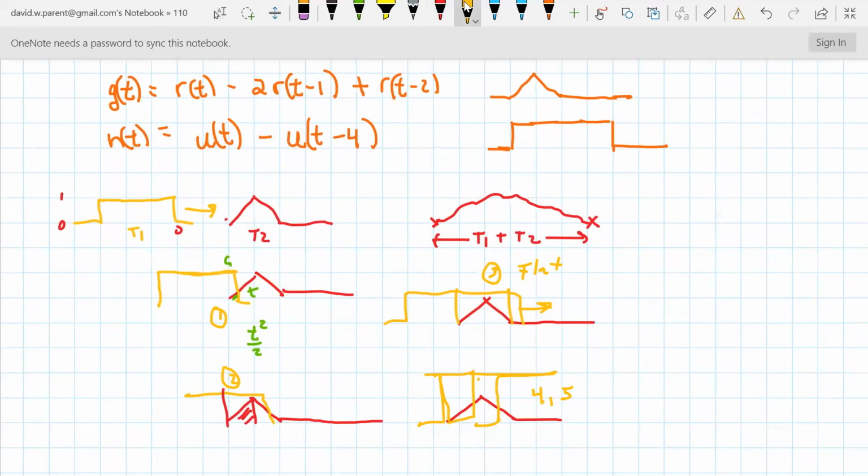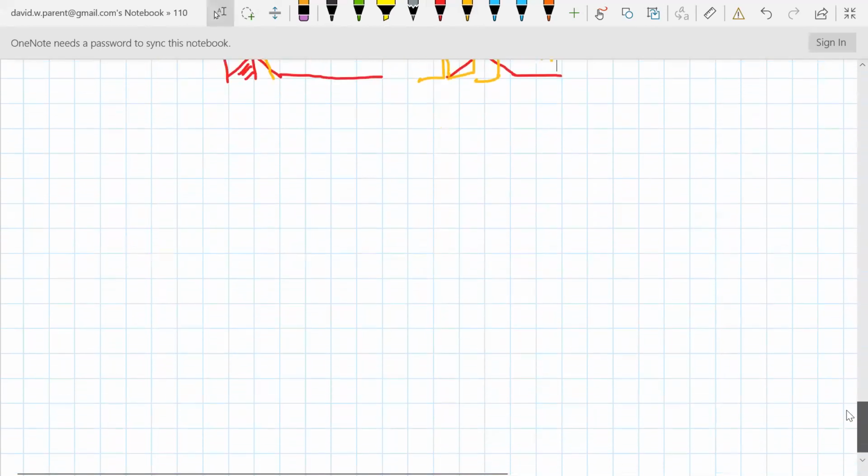So I'm thinking that there should be 5 regions. Now I might have made a mistake because there's 1, 2, 3 times here, 1, 2 times here, but 2 of those times are happening at t = 0. So really there's 5 different times going on in here. My final graph should have 5 different inflection points or something.